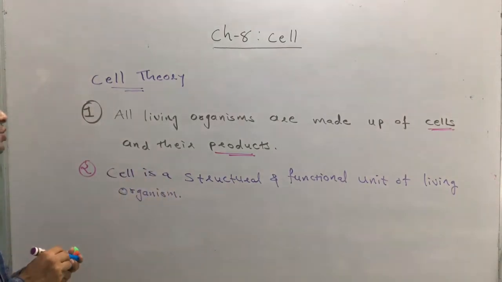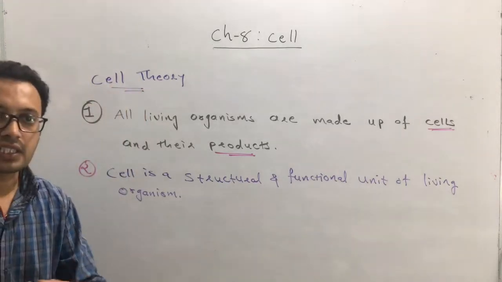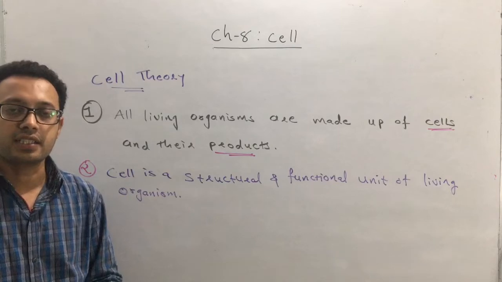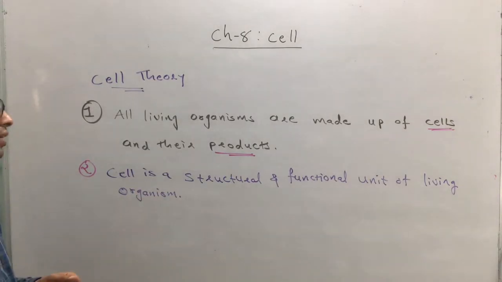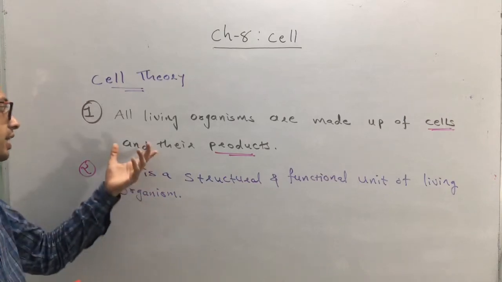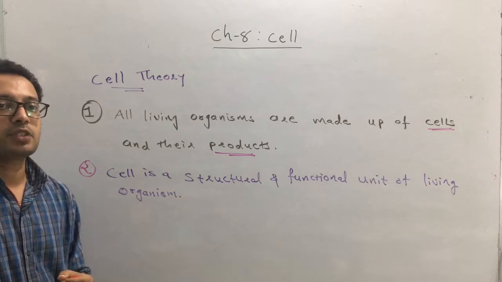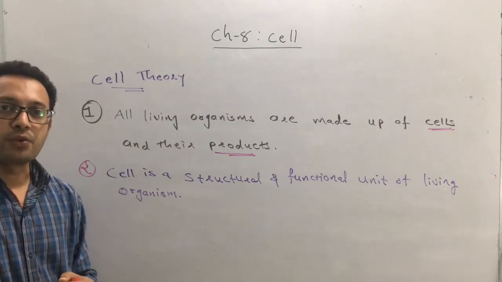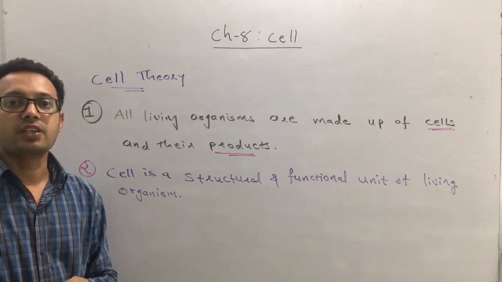Okay, this is a contribution according to the cell theory. So who formulated the cell theory? Matthias Schleiden and the second one is Theodor Schwann. According to the cell theory formulated by them, all living organisms are made up of cells and their products. Second is, the cell is a structural and functional unit of living organisms.